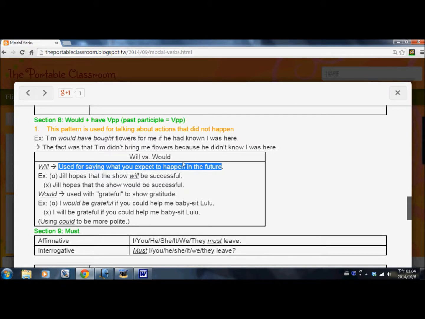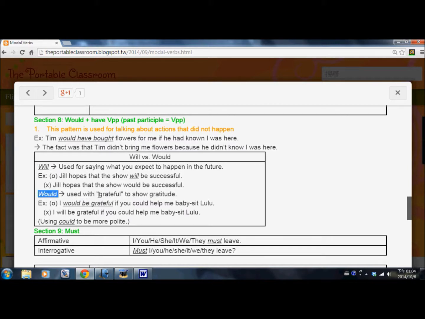So remember, will is always for the future. Would is used with grateful to show gratitude. Different. Now first, let's look at the example here. This is future tense. Jill hopes that the show will be successful. You do not use would because you're hoping, expecting something to happen in the future. So you use will.